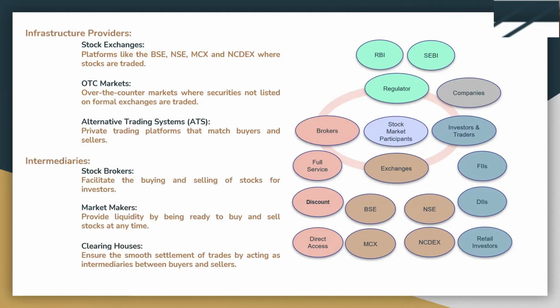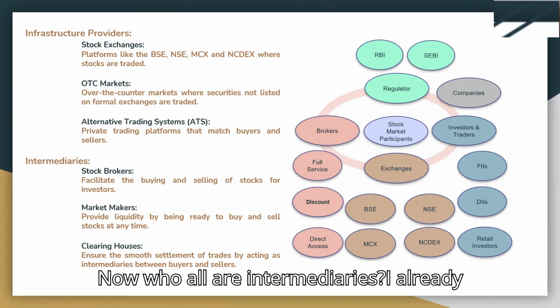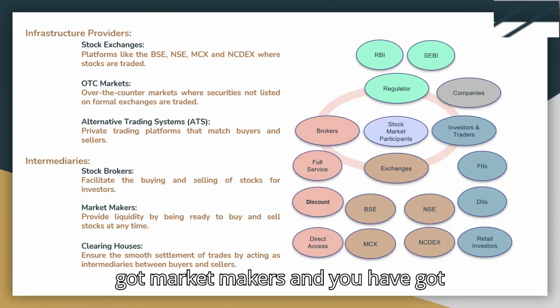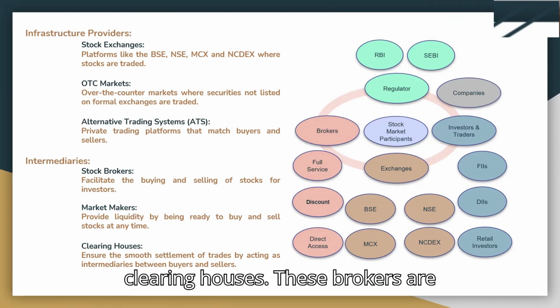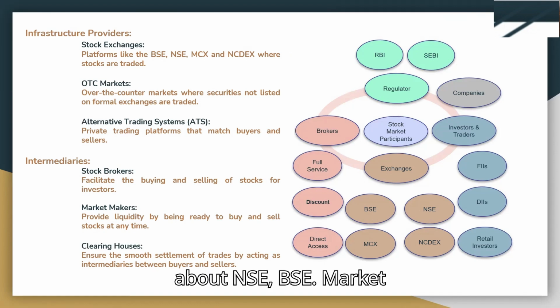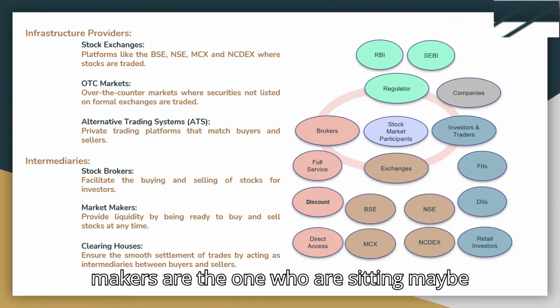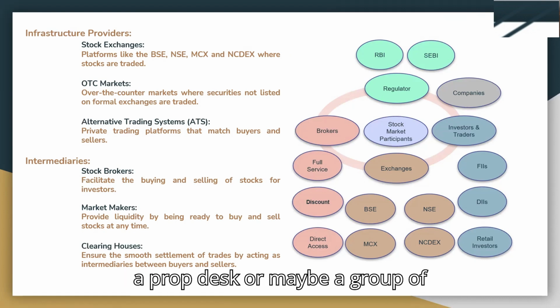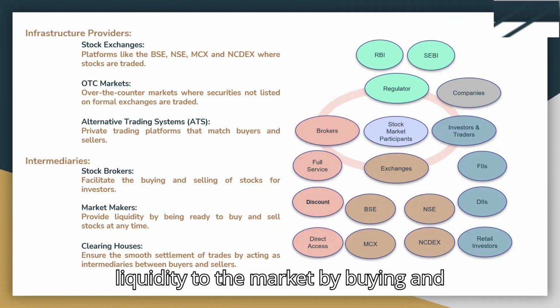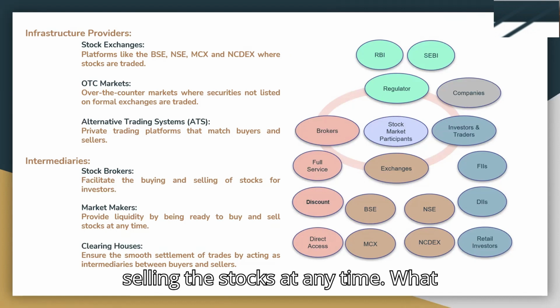Now, who are the intermediaries? I already talked about it. You've got brokers, market makers, and clearing houses. These brokers are facilitating the transaction. Talked about NSE, BSE. Market makers are the ones sitting maybe at a prop desk, or a group of people who provide liquidity to the market by buying and selling stocks at any time.